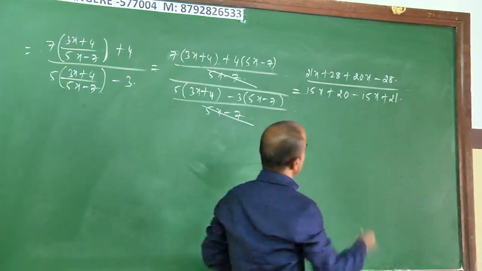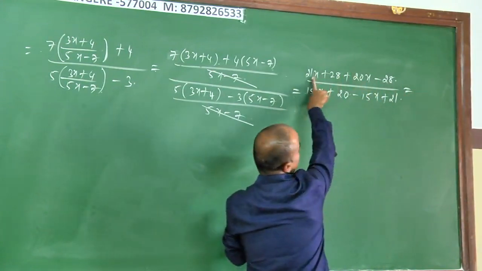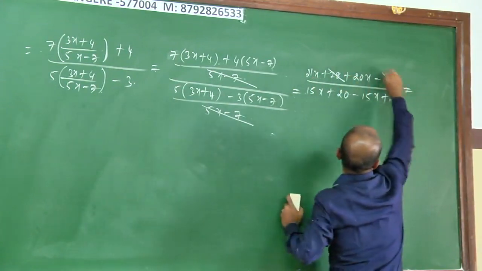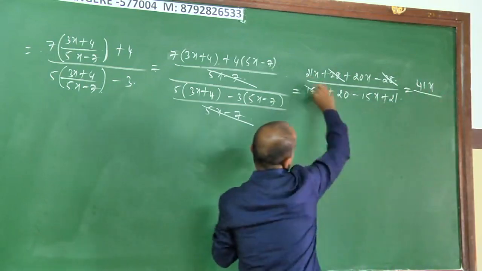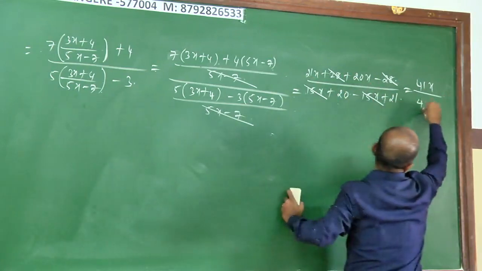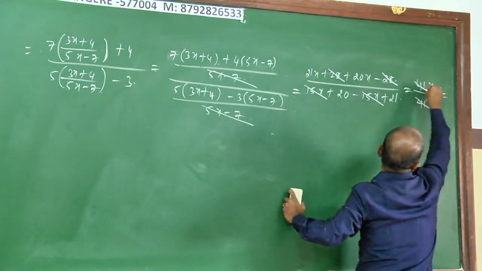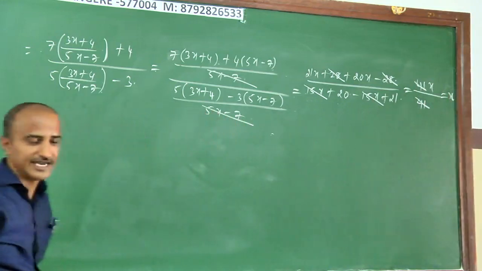Now see, 20x plus 21x is nothing but 41x. In the denominator, 15x minus 15x cancels, and 20 plus 21 is 41. Now that 41 gets cancelled. We have x.